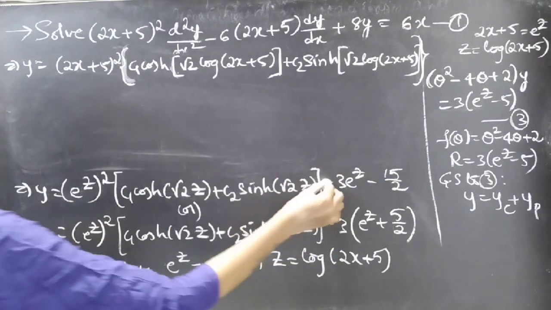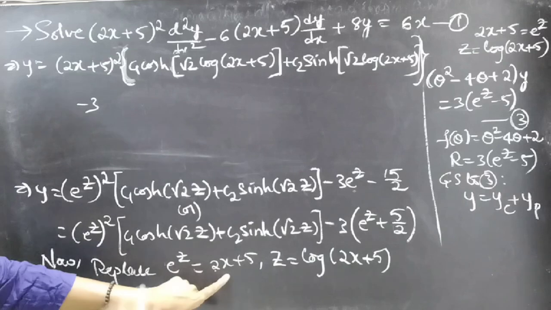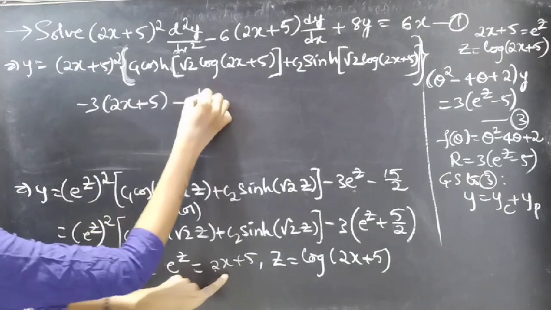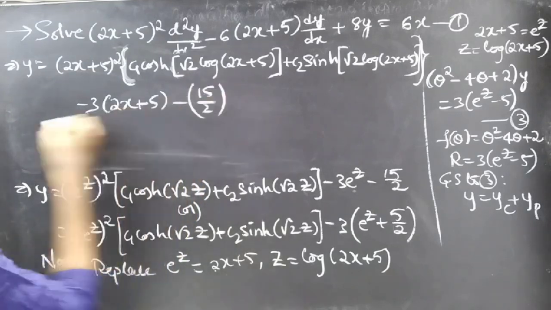Minus 3 into, replace e power z by 2x plus 5, minus 15 by 2.